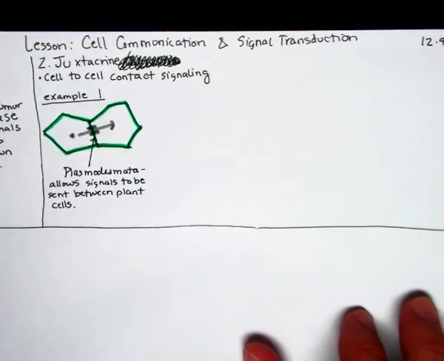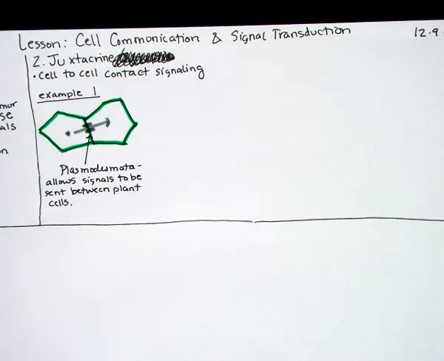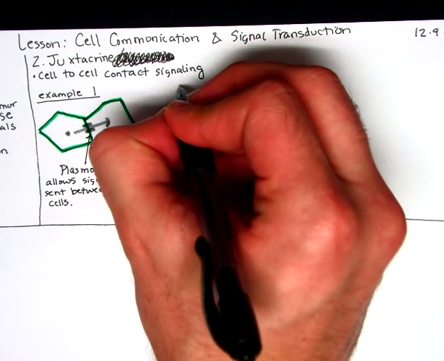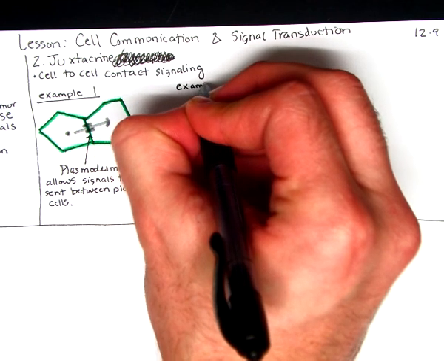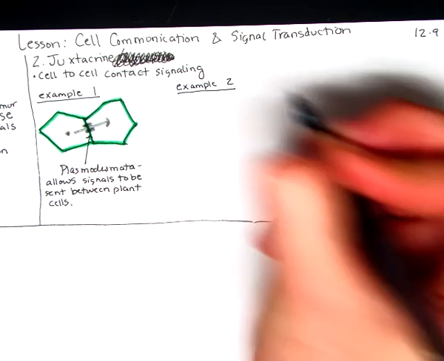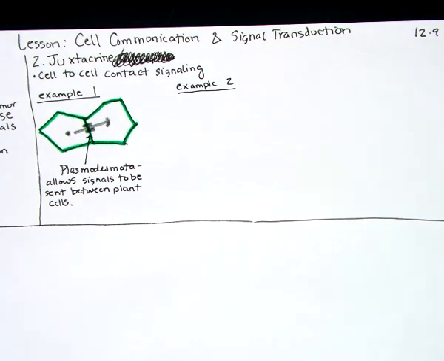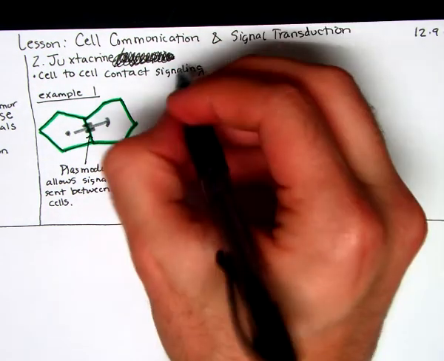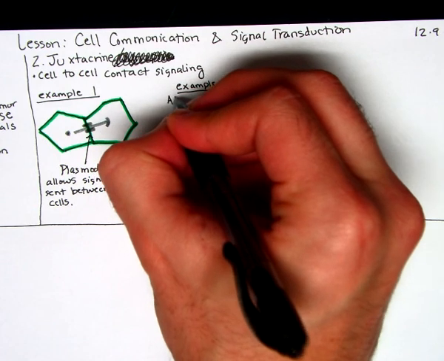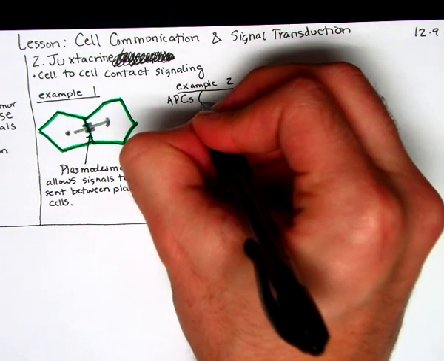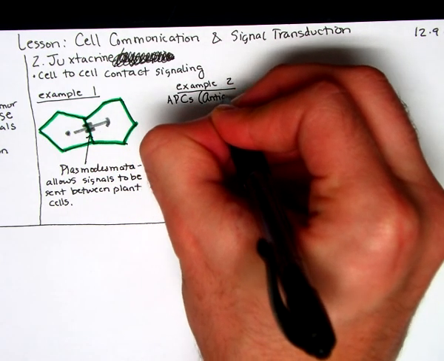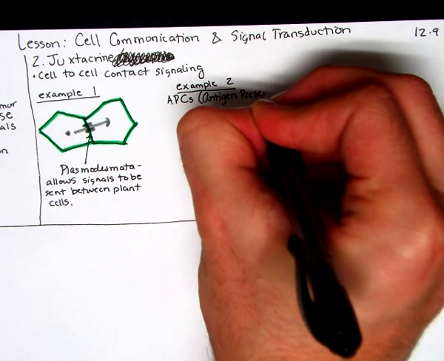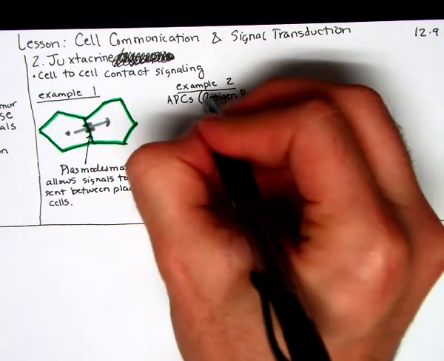Example 2, which Mr. Anderson went over in the cell communication video, are called APCs, or antigen presenting cells.